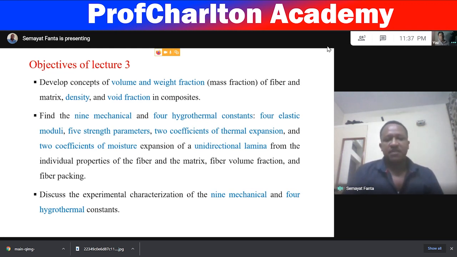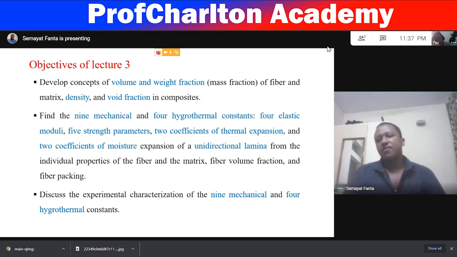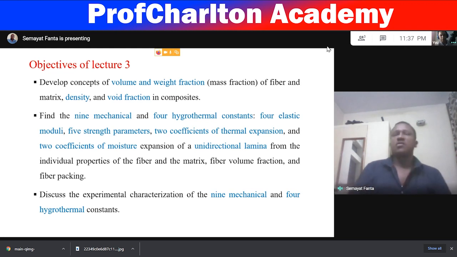Discuss the experimental characterization of the 9 mechanical and 4 hydrothermal constants. So these 9 mechanical properties mean 4 elastic properties and the 5 strength properties. So we will discuss what are those 4 elastic constants and 5 strength parameters.